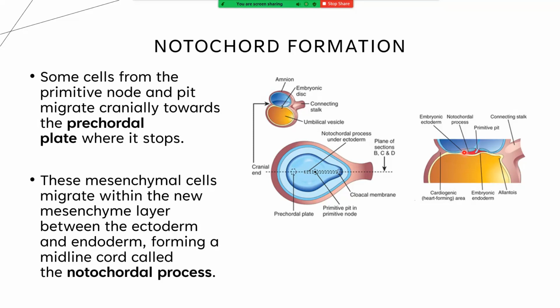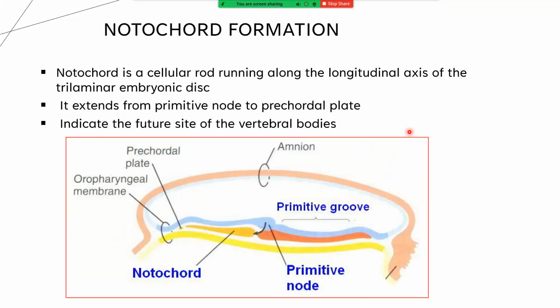and this process is called the notochord process. The notochord is a cellular rod running along the longitudinal axis of the trilaminar embryonic disc.